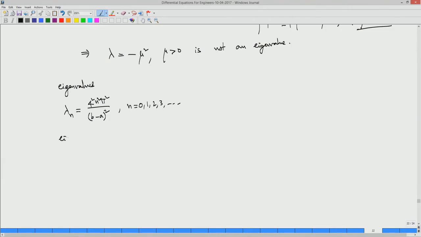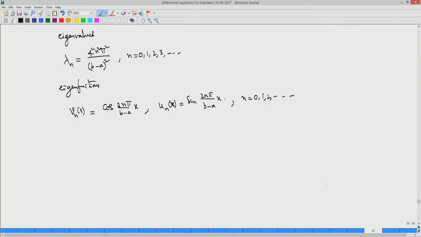The eigenfunctions you can call them V n of x, which are cos of 2n pi by b minus a into x, and U n of x, which are sin of 2n pi by b minus a into x. Again n is running from 0, 1, 2, 3 onwards. So these are your eigenvalues and eigenfunctions.